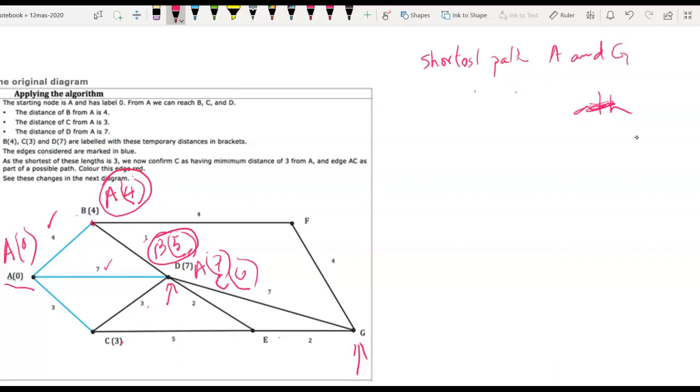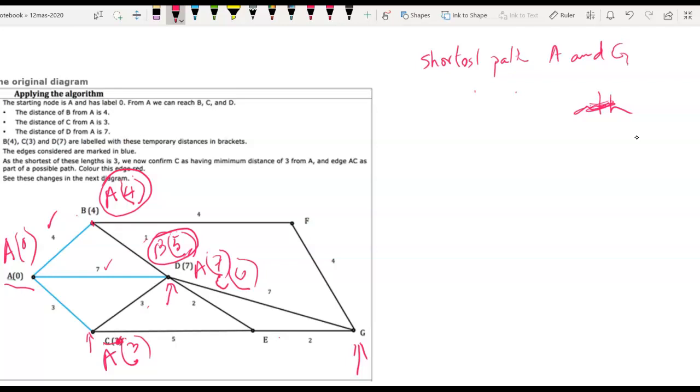Now, let's move on to the node, sorry, node C. To C, we can come from A, just ignore that 3. We can come from A, and the distance will be 3. That's the only way we can come.